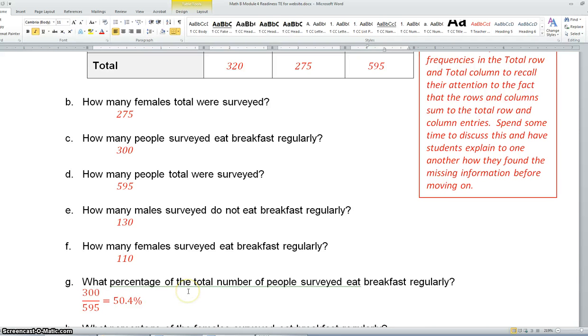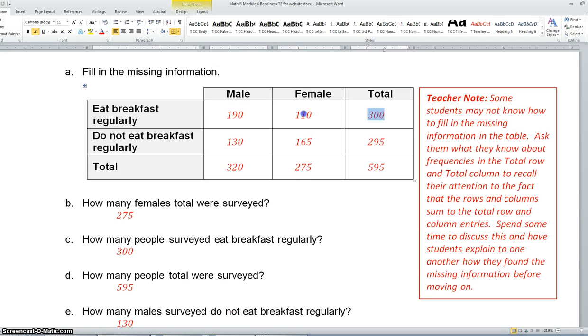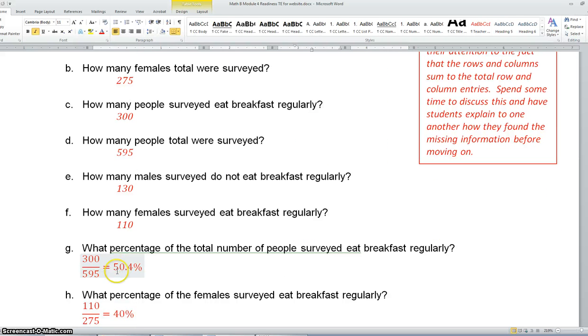Okay? Same thing for the females surveyed. You would have 110 who eat breakfast regularly out of the females. So 110 is the part, 275 is the whole, make that a percent, and that's what you get for the females.